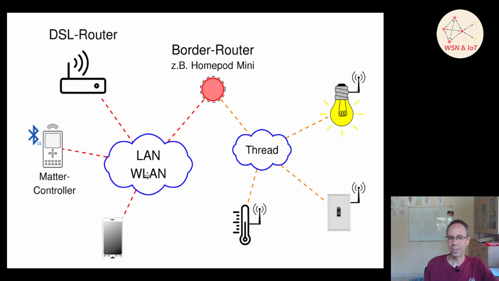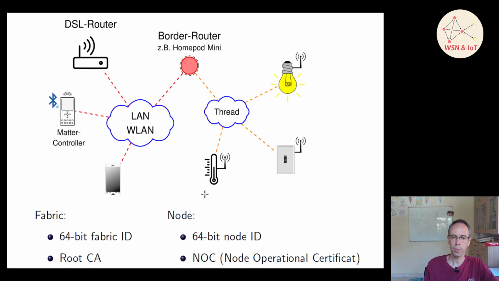What is interesting is that this is not a Matter network yet, this is the infrastructure which is part of the Matter network. It depends. The border router and the DSL router can be part of the Matter network, but they don't have to be. The lamp and the switch normally are part of the Matter network.